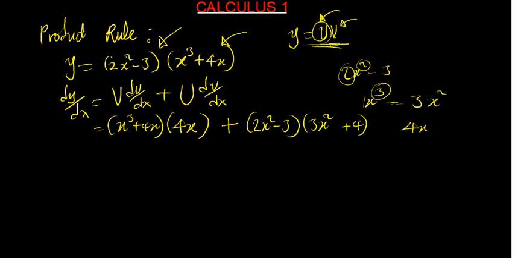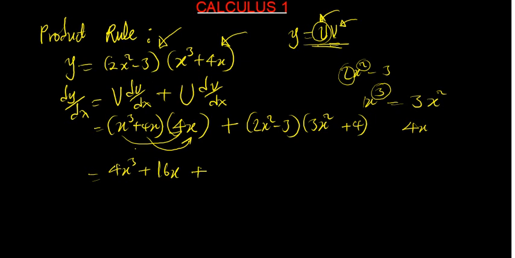So like that. At this point, if we want, we can multiply what we can see here. That is going to give us 4x times x power 3 plus 4x, and 4x times 4x will give us 16x squared.